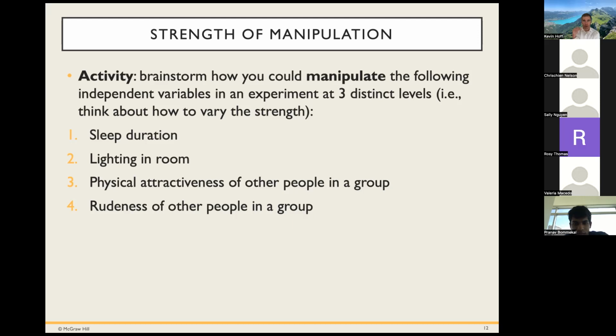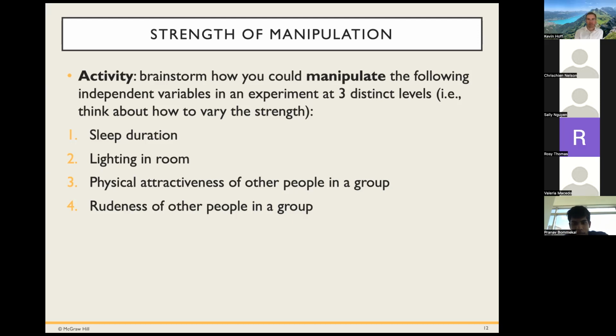They could hold steady the conformity, with everyone saying the same answer across groups, those Confederates, but in some groups the Confederates would be very attractive and in other groups not so much. I think that would potentially raise some ethical concerns in terms of having people be rated on their physical attractiveness, but that's the general idea.